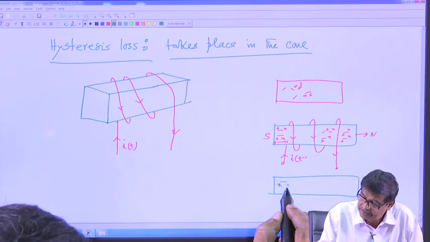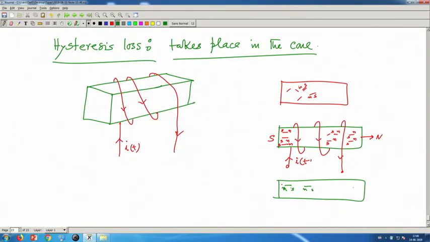It is north, it is south, it is north, it is south. So each one will move and finally they will align, provided you reverse the direction of the current. These are very basic.